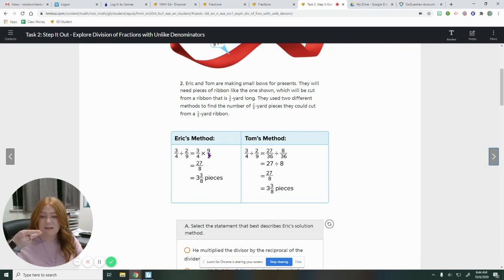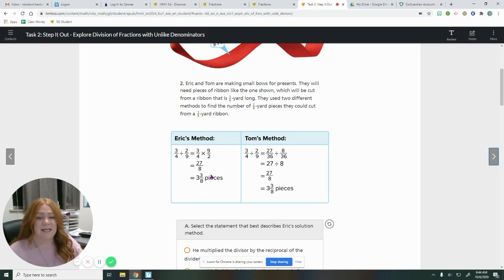He flipped 2/9 to make it 9 over 2. 3 times 9 is 27. 4 times 2 is 8. 8 goes into 27. 8, 16, 24, 3 times. There's from 24 to 27, 3 left out of 8. So Eric used this copy dot flop method. That's the method I prefer. So I like Eric's method.